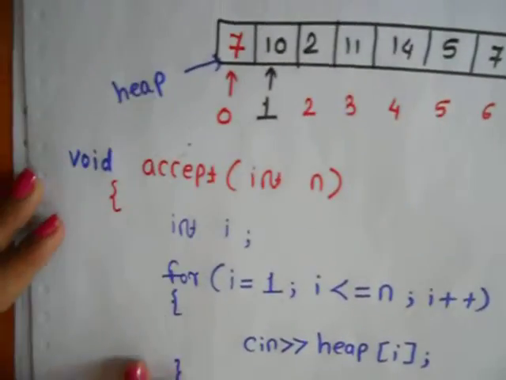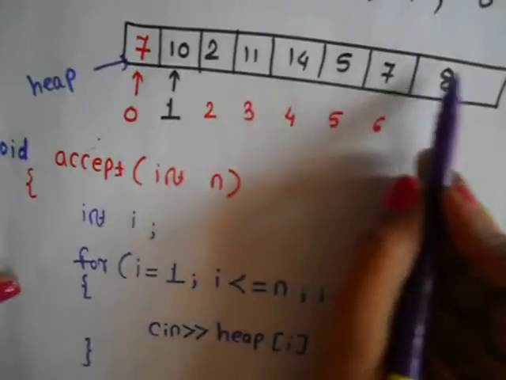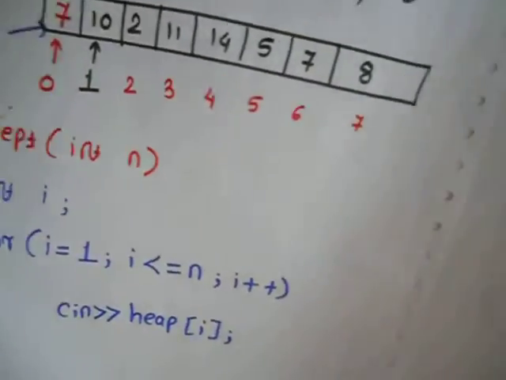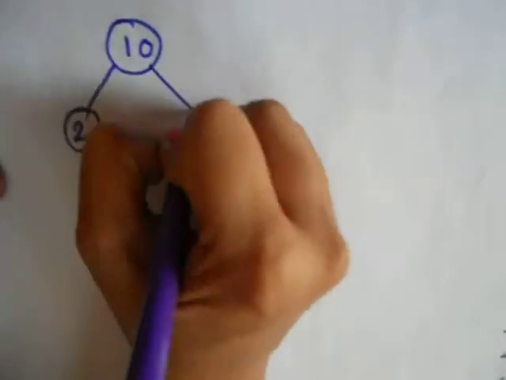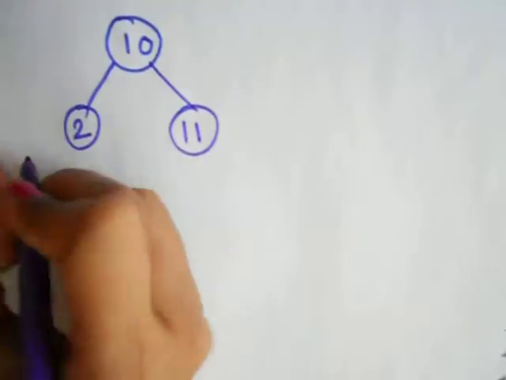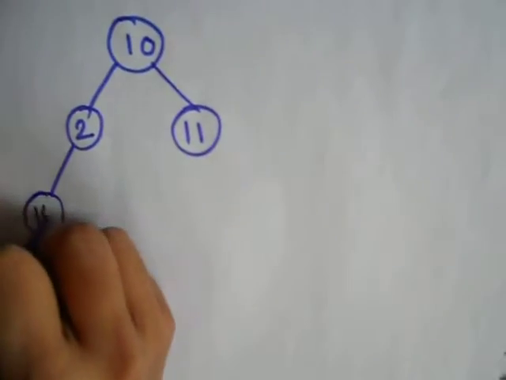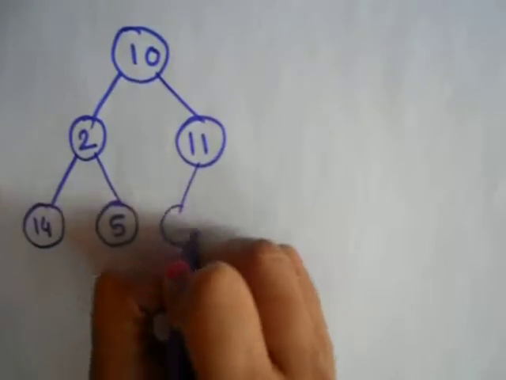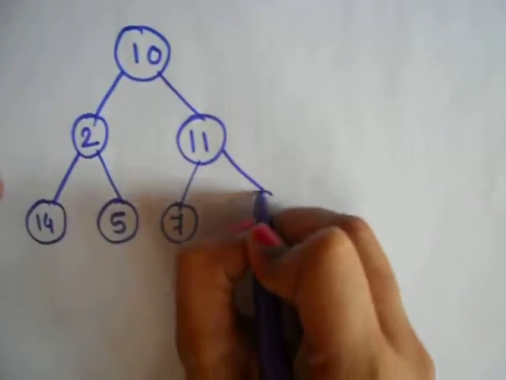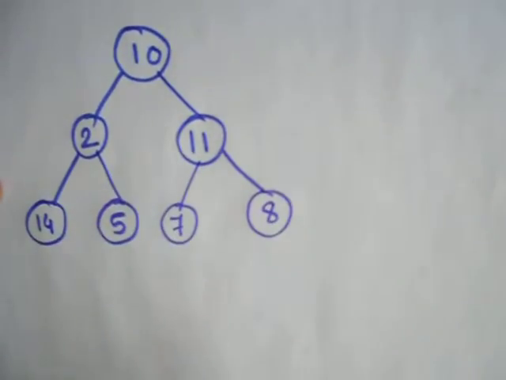Now we have accepted the elements, meaning we represent them using an array. But if I consider the heap, 10 is the root, 2 is the left child, 11 is the right child, then 14, 5, 7 and 8.